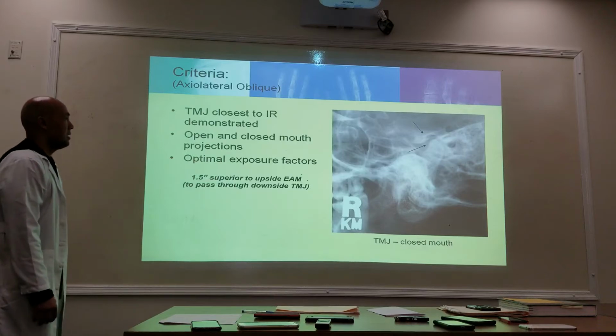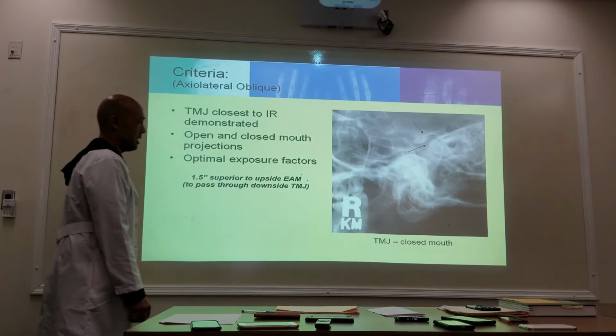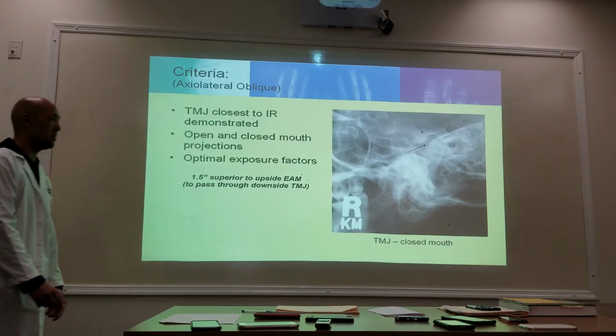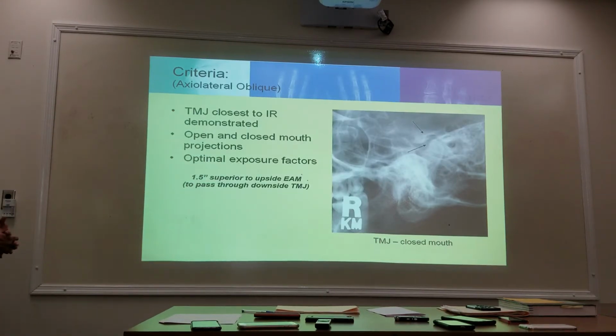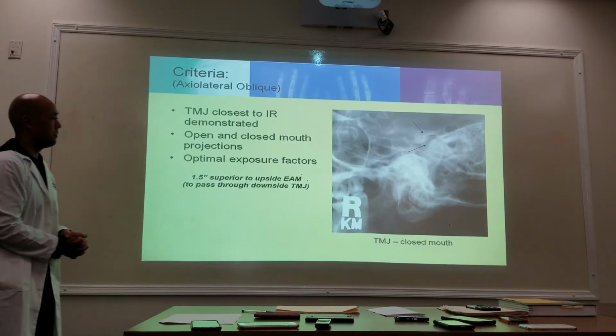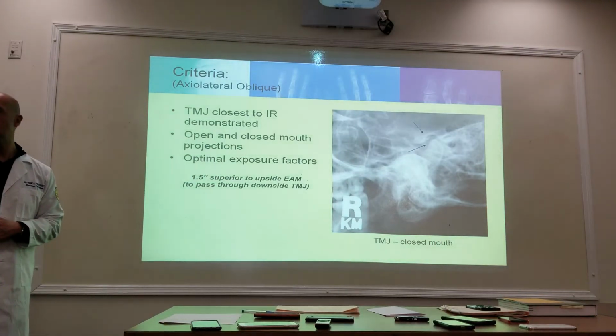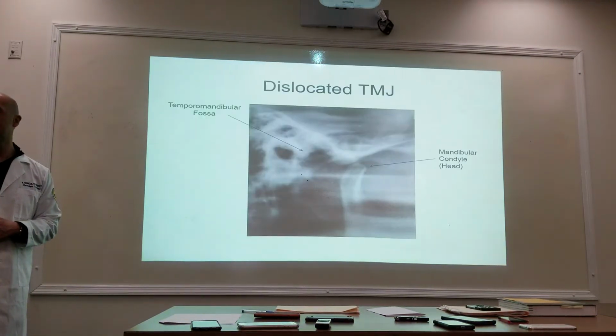So there's the closed. The condyloid head should be inside the fossa of the temporal bone. And we don't need a large field, just collimating to the area of interest.